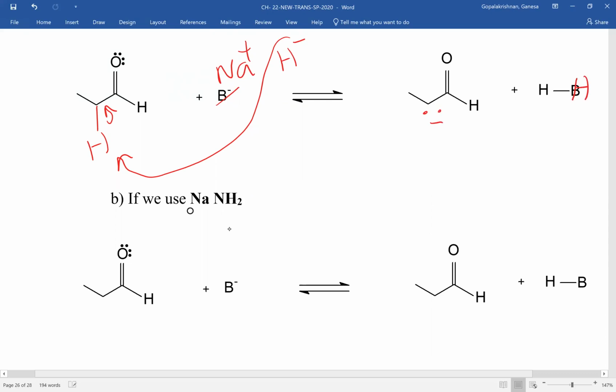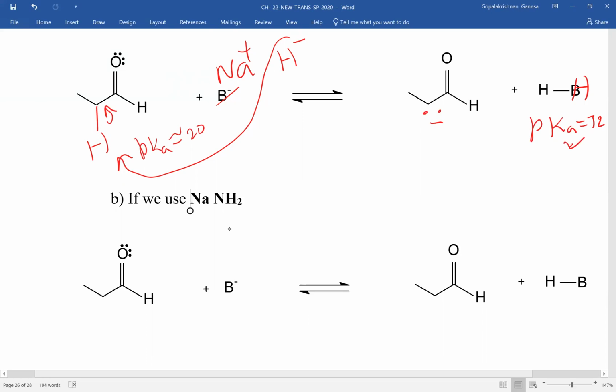So the conjugate acid is hydrogen. Its pKa is 72. The pKa of this is 20. So this conjugate acid is a much weaker acid than the aldehyde. So this reaction will happen.